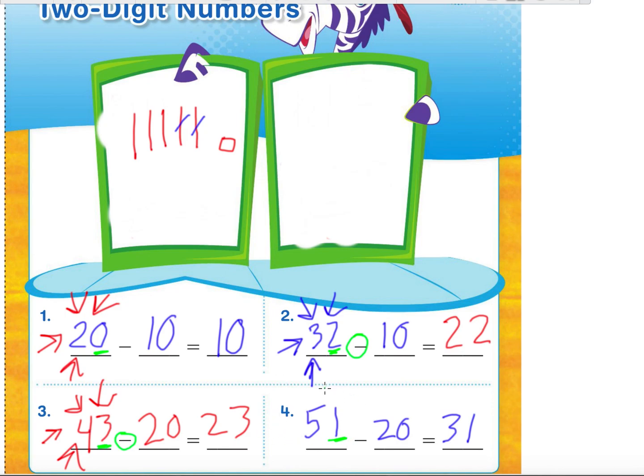Or you could even think, what's 5 minus 2? 5 minus 2 is 3. And that's how we got this 3 here. And this 1 just kind of comes along for the ride because we're not messing with them. And that's all we're doing. It's just like what we did with the adding, but we're doing it with subtracting now. We're not changing the 1s up. We're only changing the 10s.